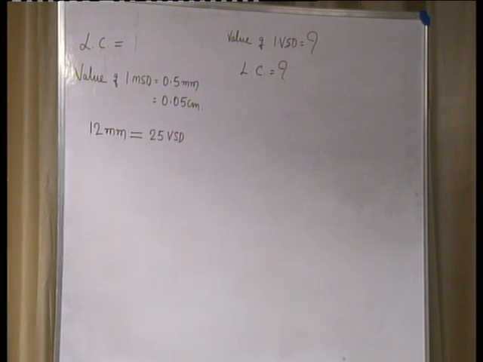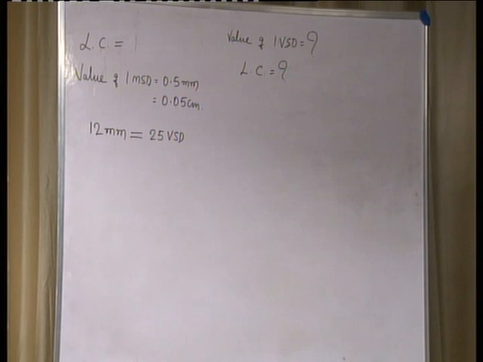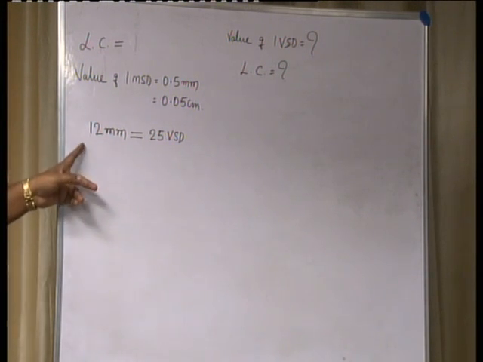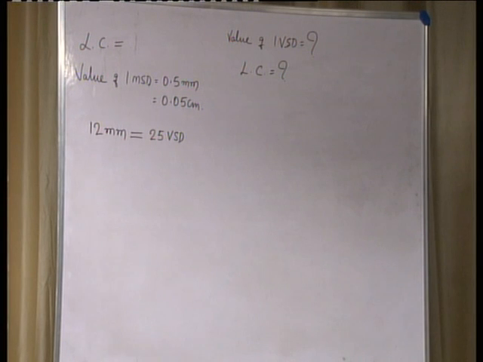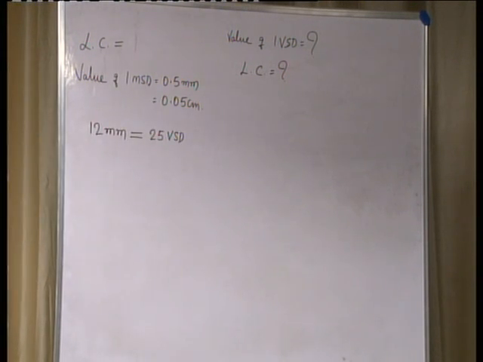Understand the problem. There is a vernier calipers where the main scale is divided in half mm. The vernier scale is 12 mm long and contains 25 equal divisions. What he expects is the value of one division on the vernier scale, and then the least count of that vernier calipers.